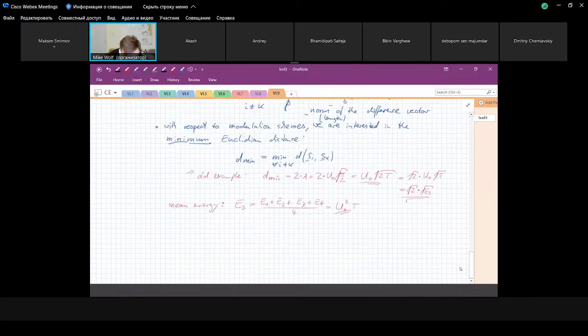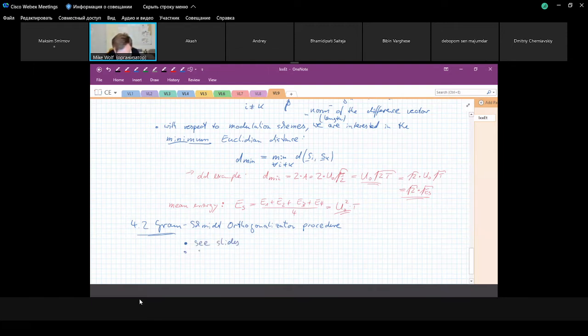So 4.2 would be the Gram-Schmidt orthogonalization procedure, but see slides. This is so simple, and see examples or seminar tasks. And now we switch to seminar tasks.